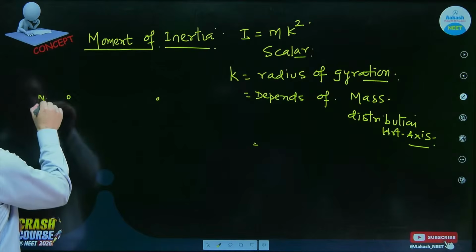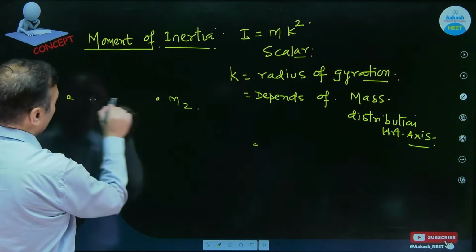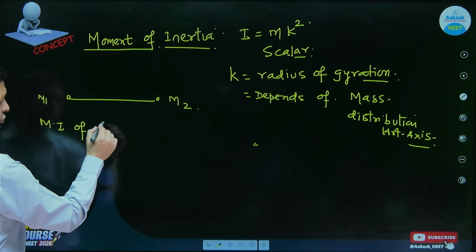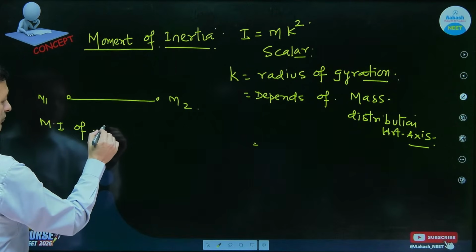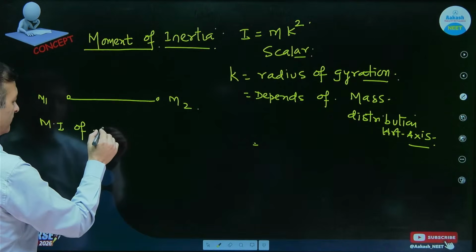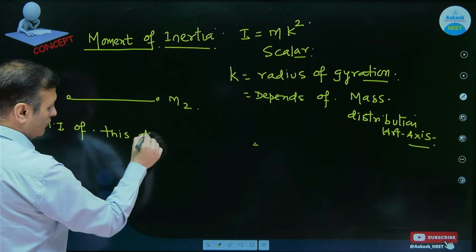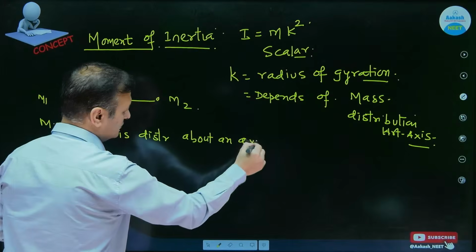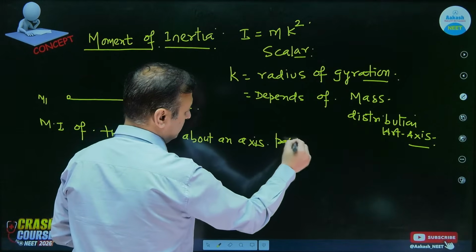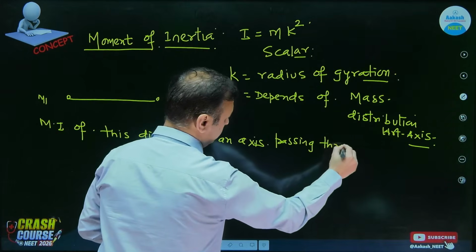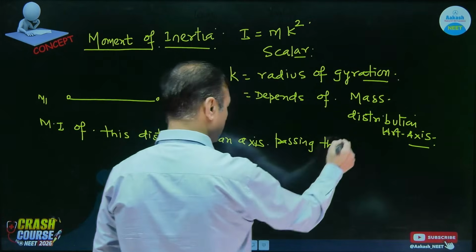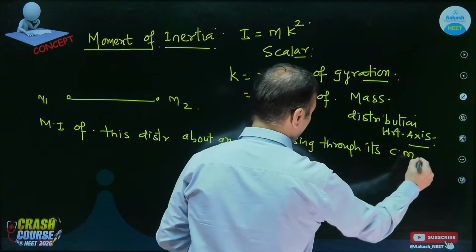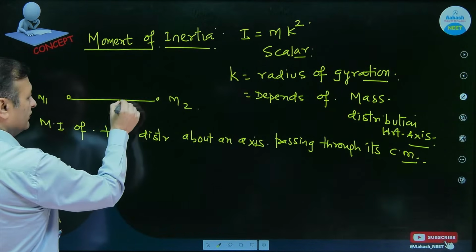So let's suppose this is m1, m2. If I have to ask the moment of inertia of this particle system about an axis passing through its center of mass, let's suppose this is the center of mass.